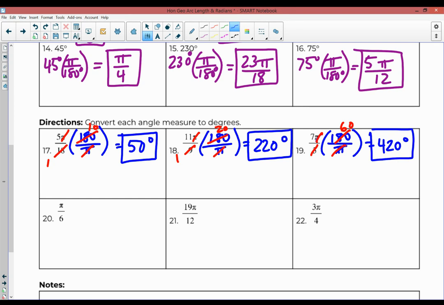And that's greater than 360, so that means we go around, sorry, let me start. So we would start here, that's 360, and then another 60 degrees, so that would be 420 degrees.